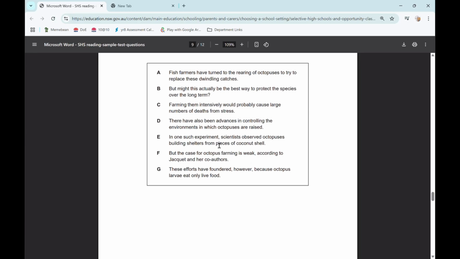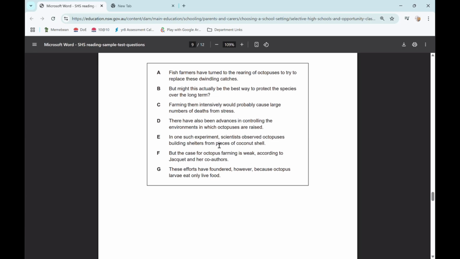F, the case for octopus farming is weak, according to Jacquet and her co-authors. Though it does reference Jacquet, where the quote is from, for question 15 the gap is less about proving that octopus farming is weak. It's more about proving that octopus should not be farmed because they're smart.